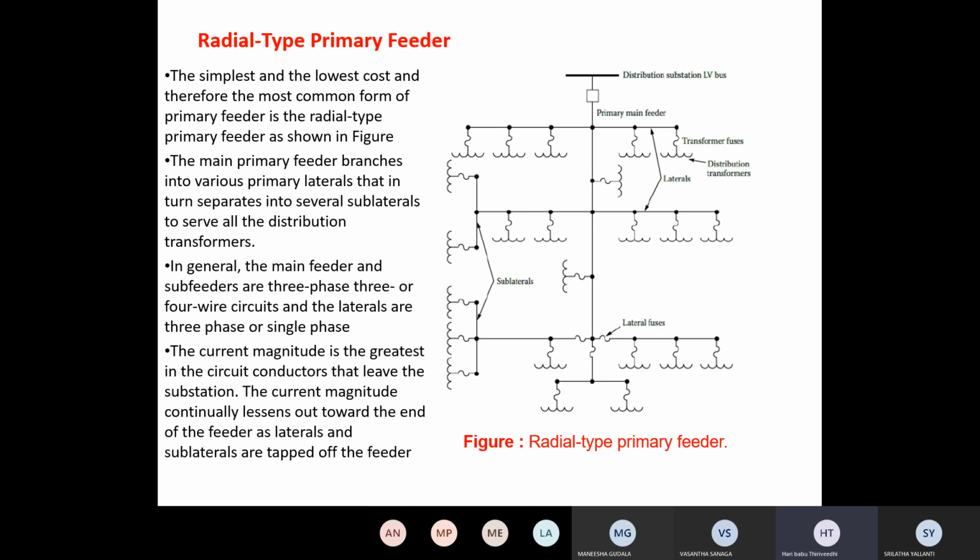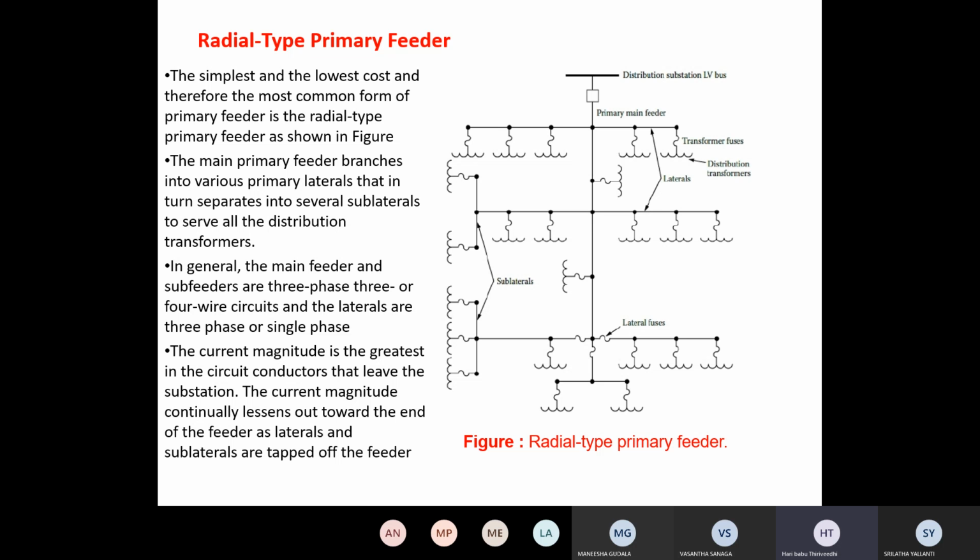Next, this is the radial type primary feeder, not a radial distributor. Ten minutes ago we discussed the radial distribution system and ring main distribution system. So it is not a radial distribution system, it is a radial type primary feeder.